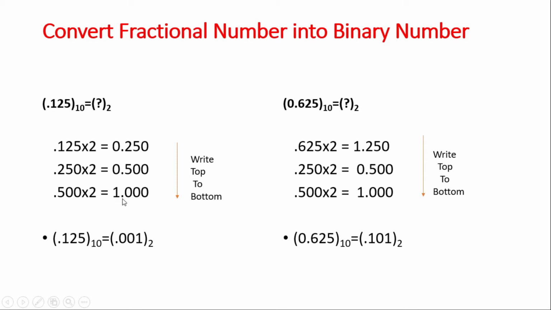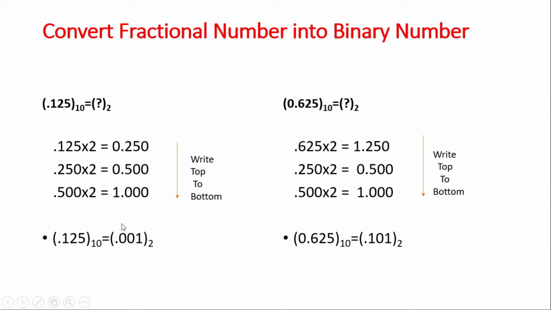So after the decimal point we got 00. Now we can stop. We take top to bottom, in this case 0 0 1. So our decimal number is converted to a binary number.